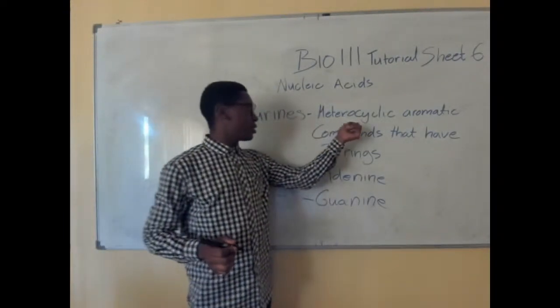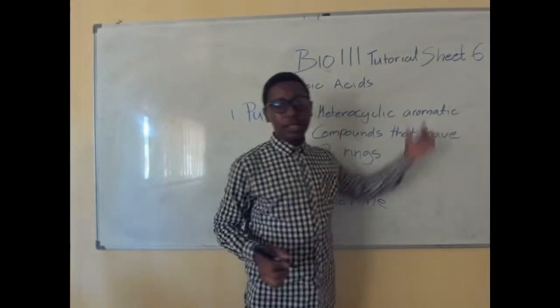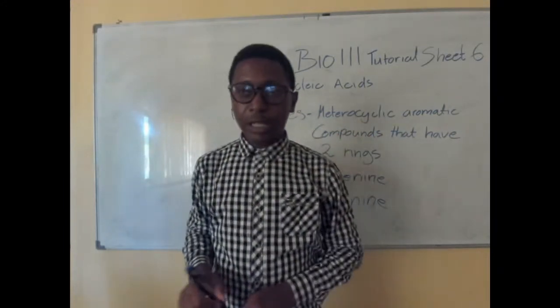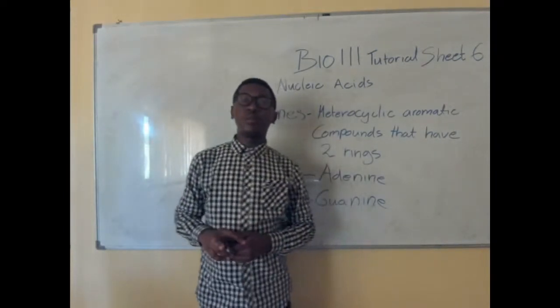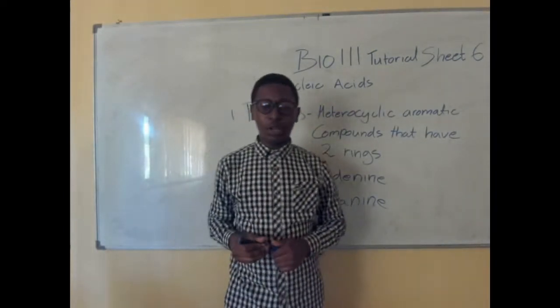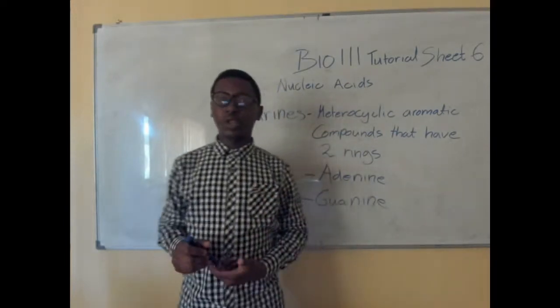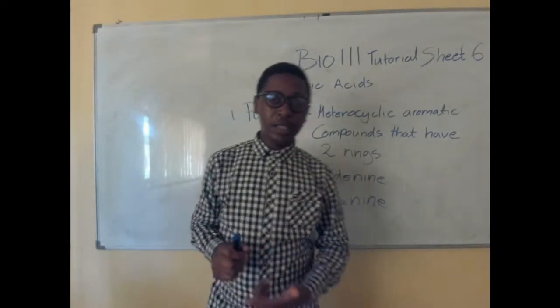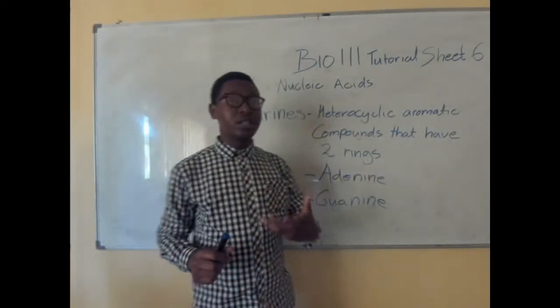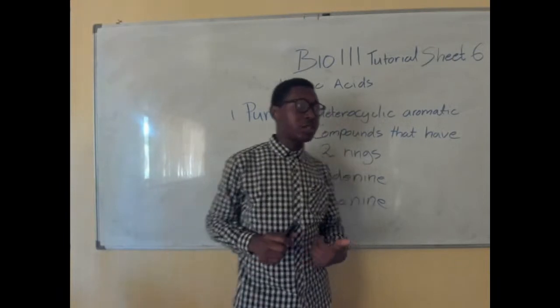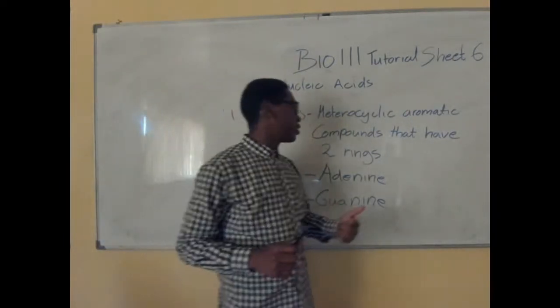So what does heterocyclic and aromatic mean? A heterocyclic compound is simply a compound that has a ring structure. So we are saying purines are heterocyclic. It means they are compounds that have a ring structure.